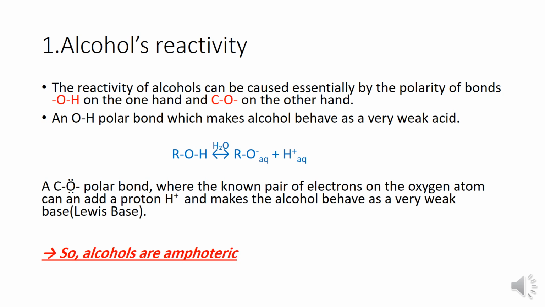Also, the C-O is a polar bond, where the lone pair of electrons on the oxygen atom can add a proton H+ and makes the alcohol behave as a very weak base, which is a Lewis base. So alcohols are amphoteric.